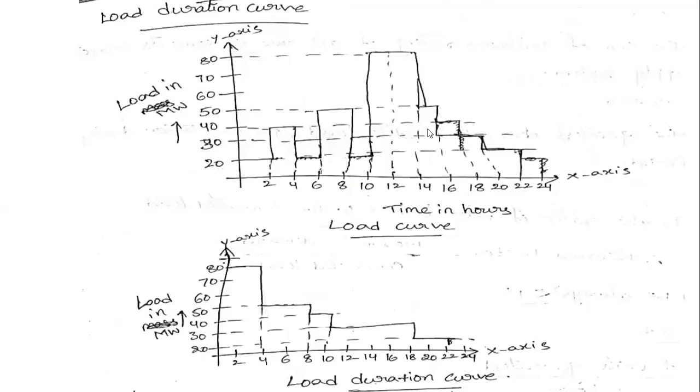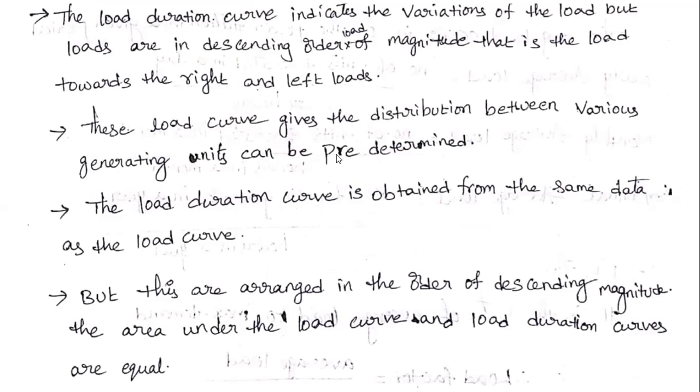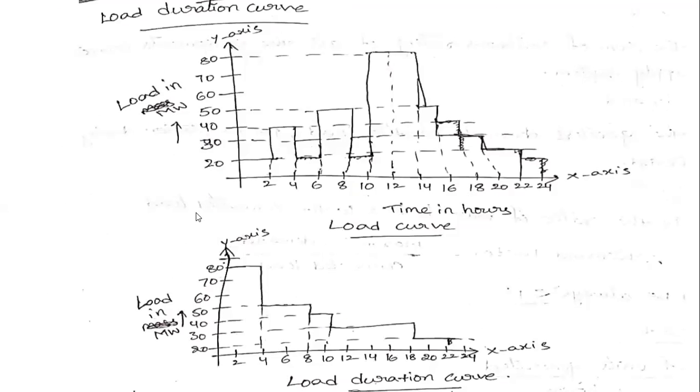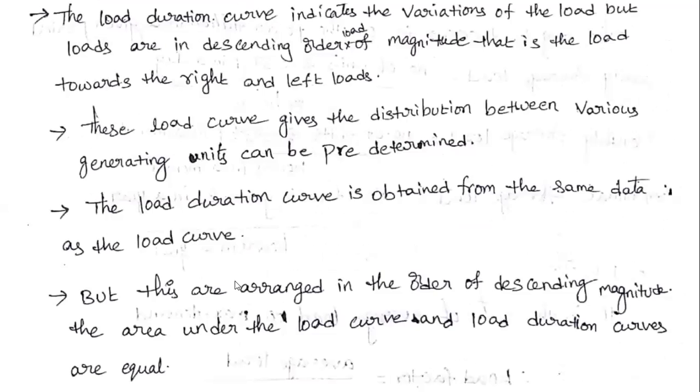When we observe both curves, the area for both is equal, but there is a difference: the load curve gives the variations of the load as they occur, whereas the load duration curve gives the variations in descending order. This is the difference between the load duration curve and the load curve.